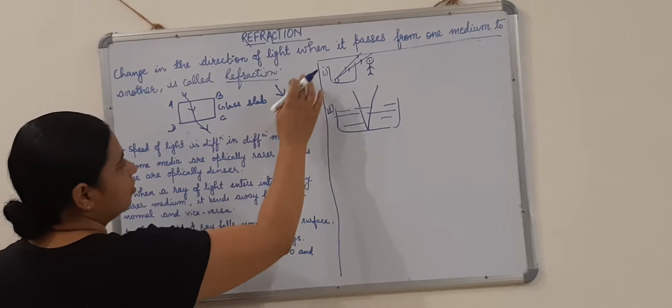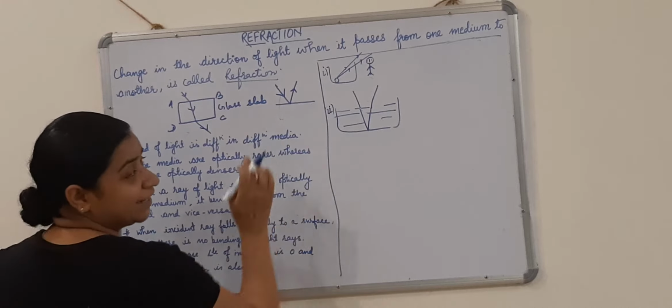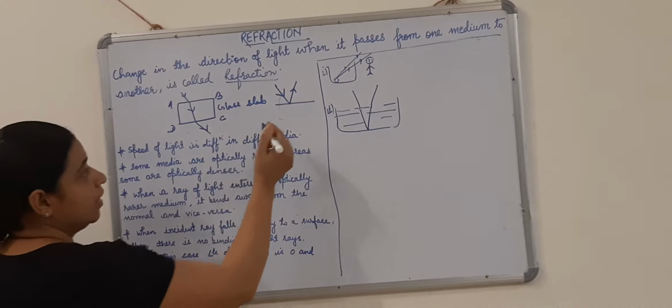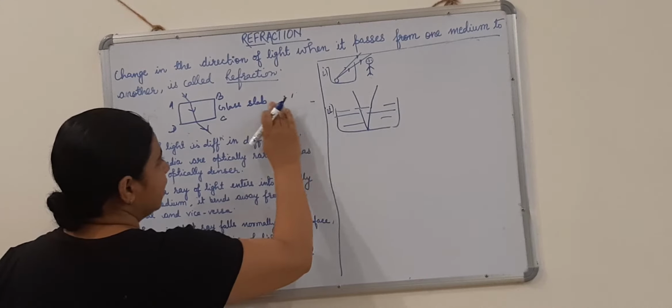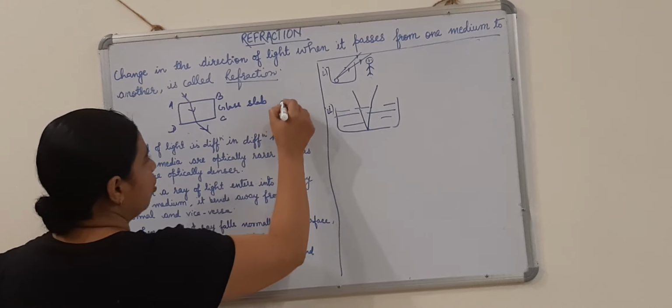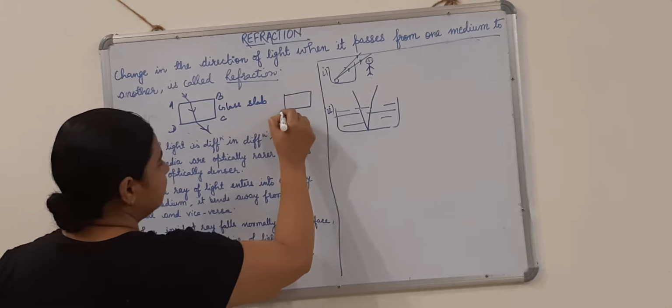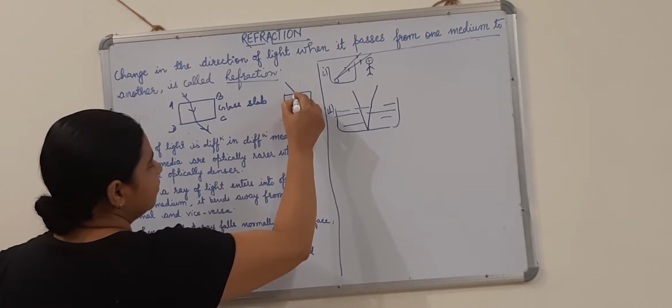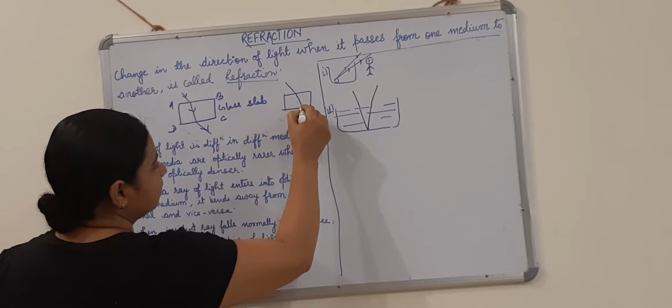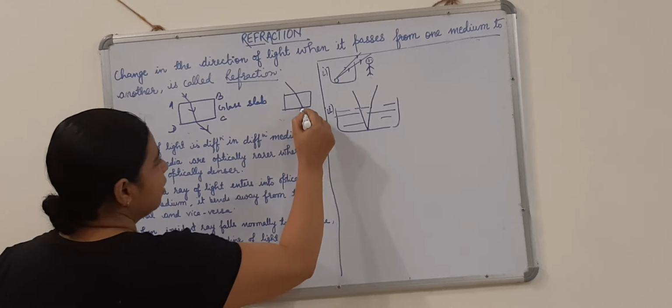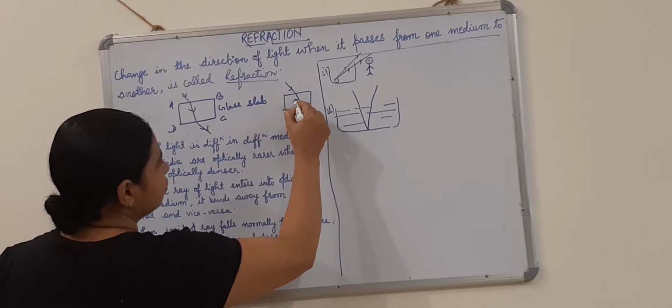The light is not at all bending, it is simply reflecting back, bouncing back. But here, in case of a glass slab, or any other transparent medium, when the light enters from one medium to another medium, then there is a bending of light.